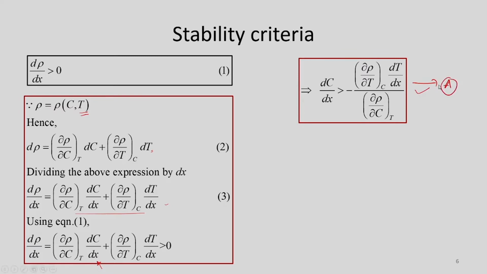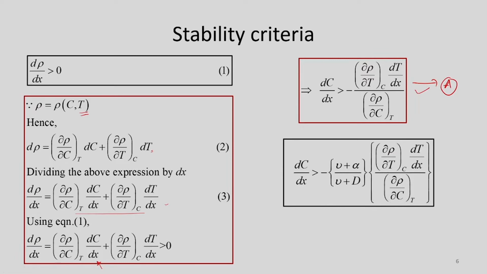Or, in a more involved way, we consider the momentum diffusivity, thermal diffusivity and mass diffusivity. Mass diffusion will be there because if salt is at the bottom, then mass diffusion will take place. Because of that we need to consider this mass diffusivity D; this nu is momentum diffusivity and this alpha is thermal diffusivity.